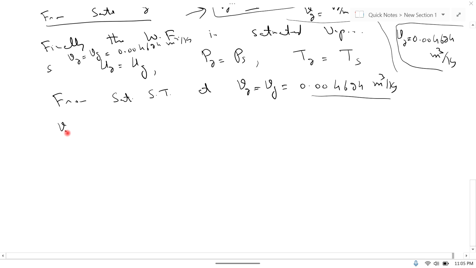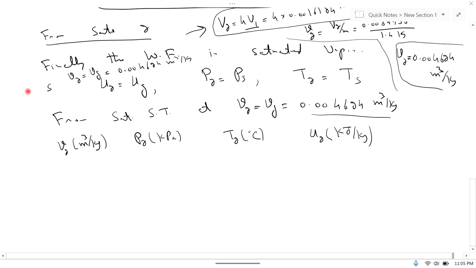V2 is in meter cube per kg, P2 is in kilopascal, T2 is in degree centigrade, and U2 is in kilojoule per kg.